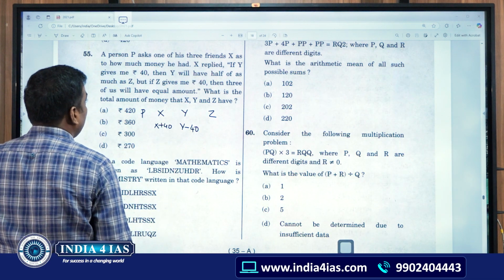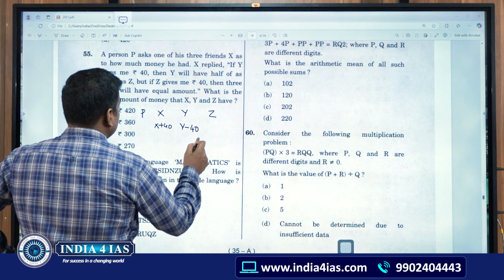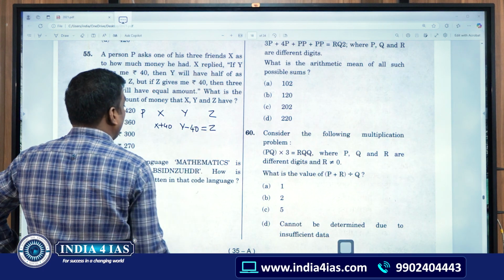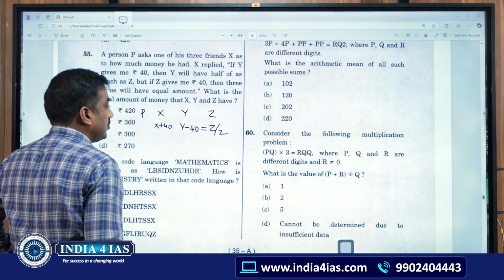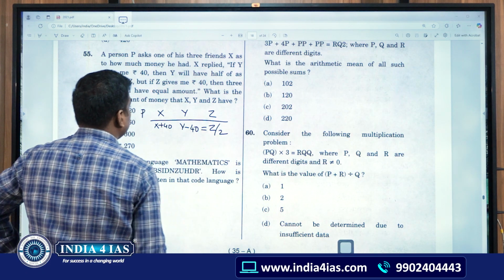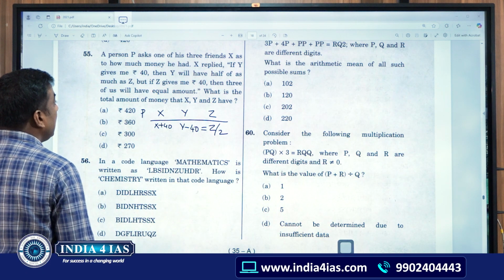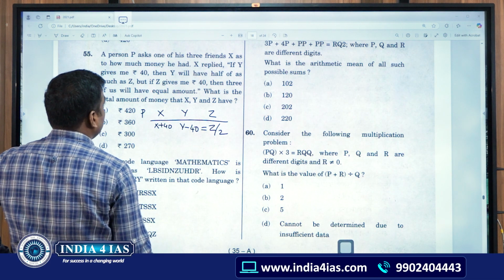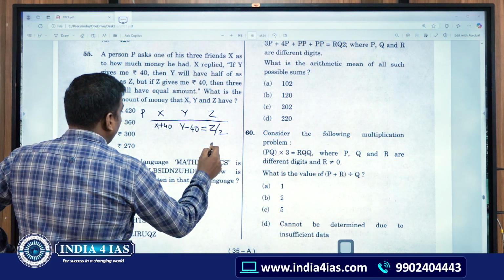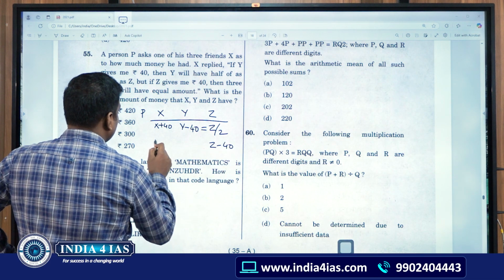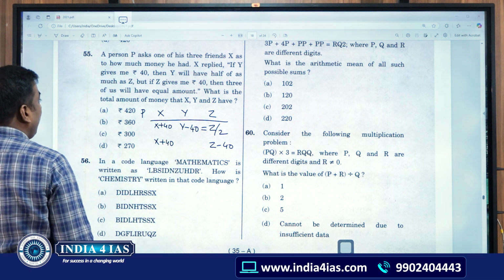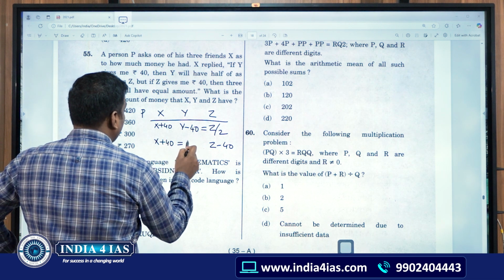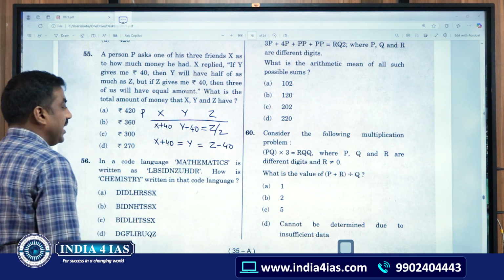Then Y will have half as much as Z. In this case, Y minus 40 is equal to Z by 2. This is one case. Then, if Z gives me 40, so Z minus 40, so X will be equal to 40. Then 3 of us will be having equal amount.